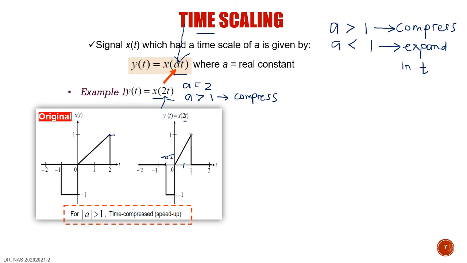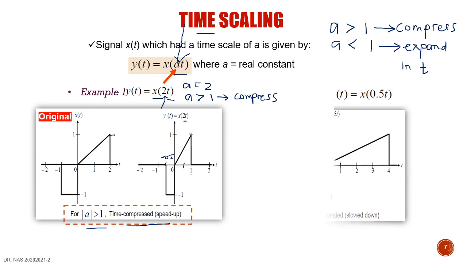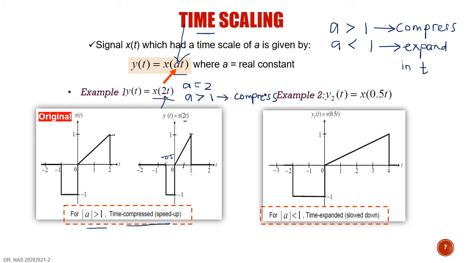So when A is larger than 1, the signal will be compressed or sped up, meaning that the frequency is increased.